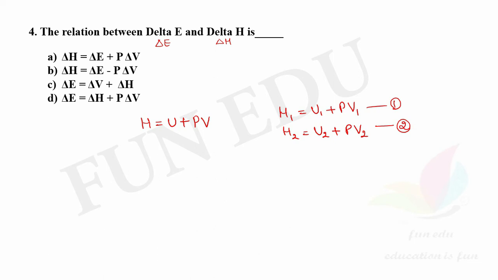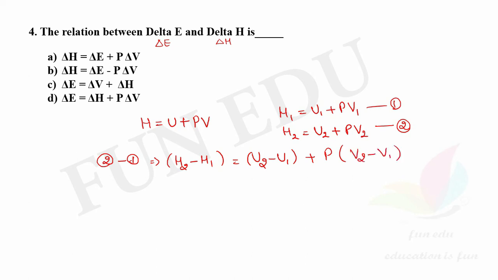Then equation 2 minus equation 1 will give you H2 minus H1 is equal to U2 minus U1 plus P, which is a constant term so it will remain outside, into V2 minus V1. Correct? So this is what we will get.